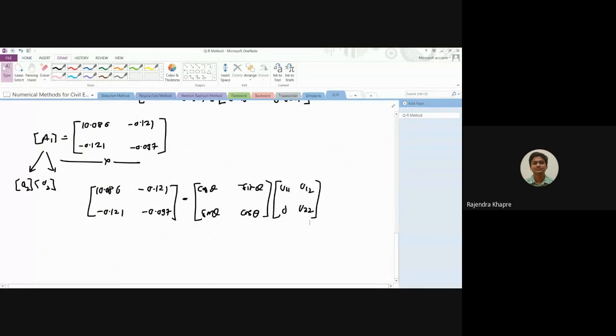Yes, can anybody tell me the values of theta? Minus 0.6873. So it's a very small value. Okay, close to zero.